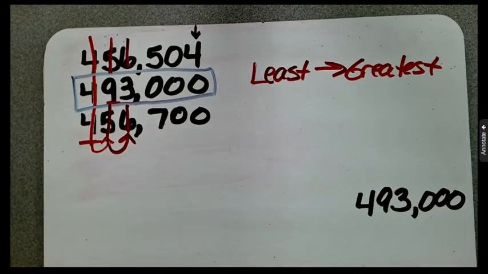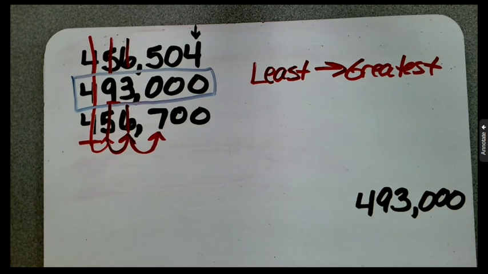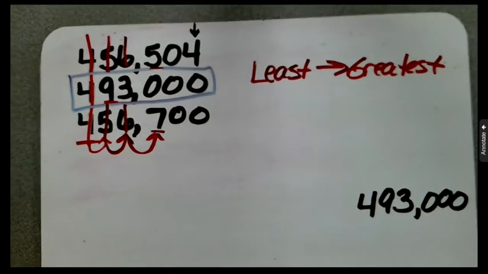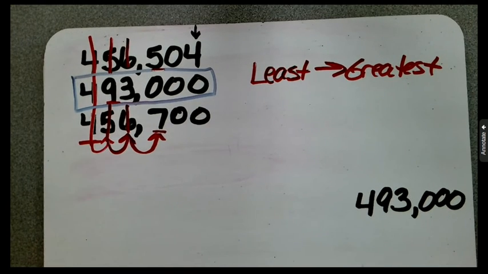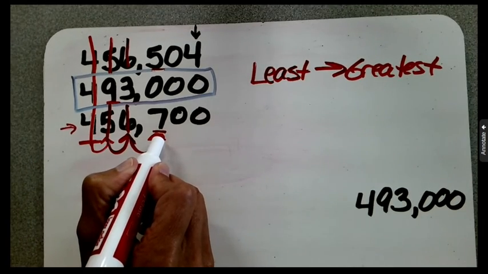That still doesn't help us because they're still the same. So move over again. And what do we see? We see that we have a 7 and a 5 in the hundreds column.